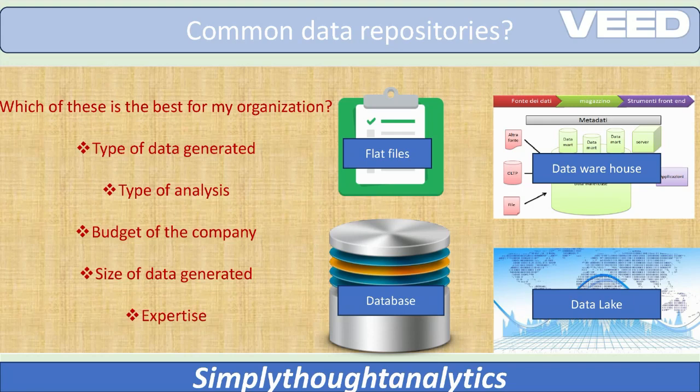So any company can afford them. In fact, an individual can afford them. But maintaining a database can be a little bit expensive. Whereas if you want to maintain a data warehouse or a data lake, that is even more expensive. And it is only big companies that can actually afford to maintain some of those levels of data storage.